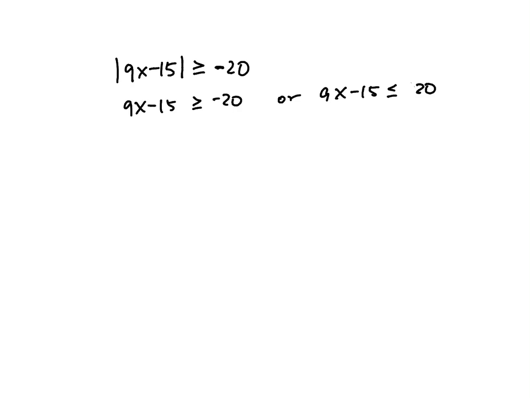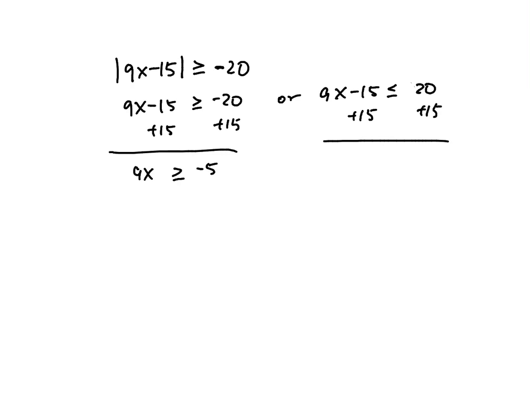So if you solve it, you add 15 to both sides. You get 9x is greater than or equal to negative 5. On the inequality on the right, you get 9x is less than or equal to 35.